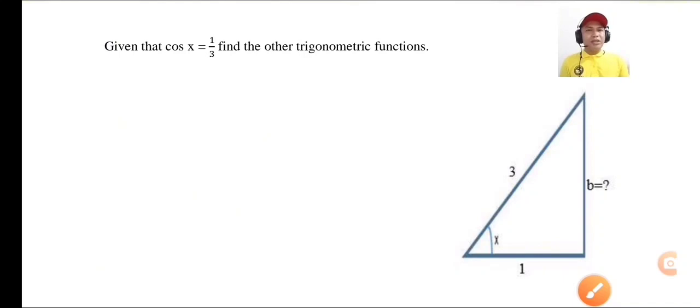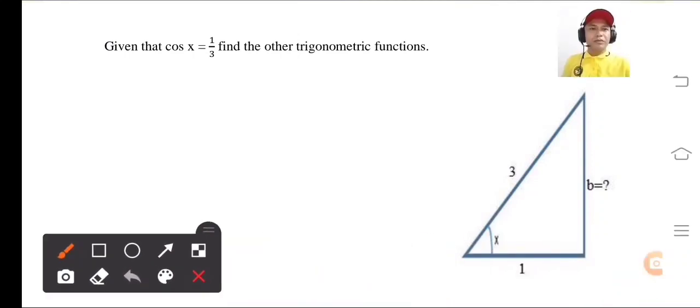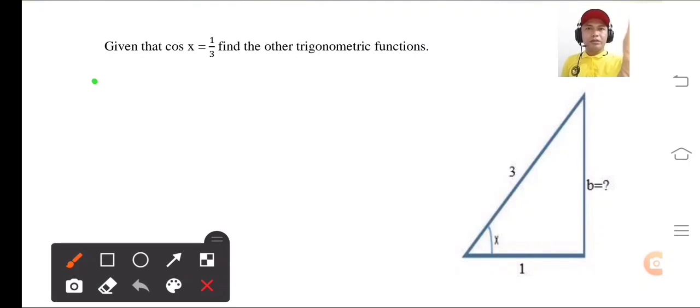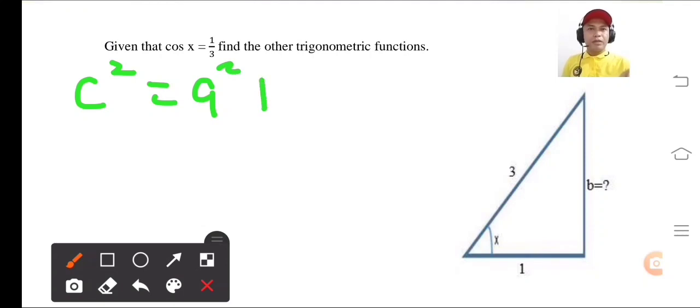How about using the Pythagorean theorem or Pythagorean formula? Let us try. c squared is equal to a squared plus b squared.